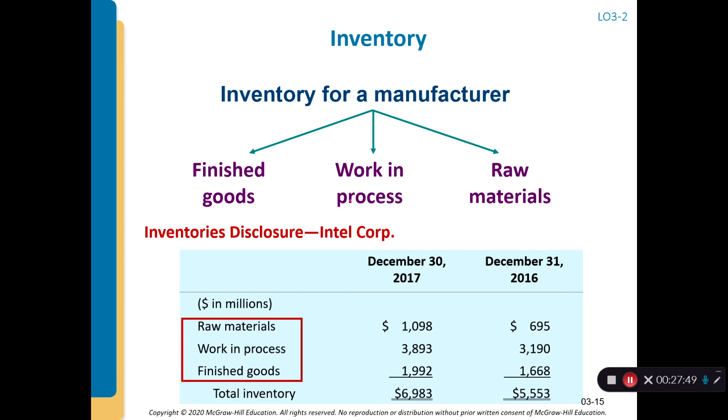For example, if you're Intel, you will have products that have not even been assembled, like plastics and components inside the machine, and then you will have some materials already 60% done in the production line, and also finished goods parked in the warehouse. Every form of these materials or products that you own is your asset. They can all be called your inventory.